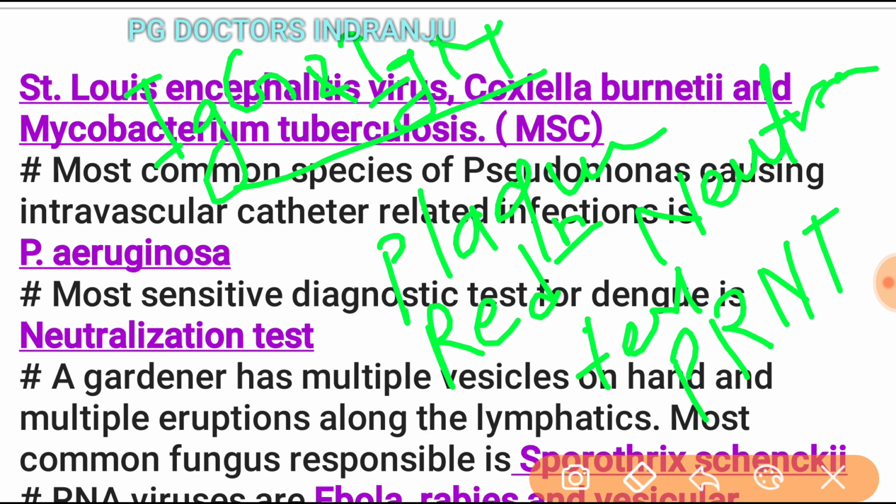First, if IgM is positive, then for confirmation the PRNT test is performed.